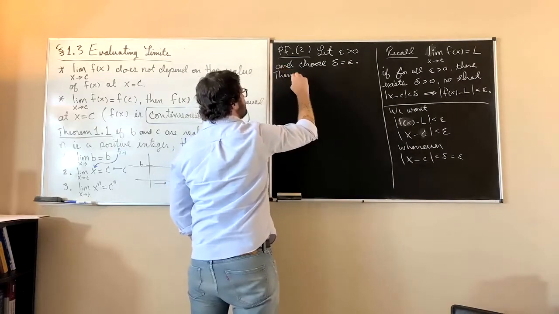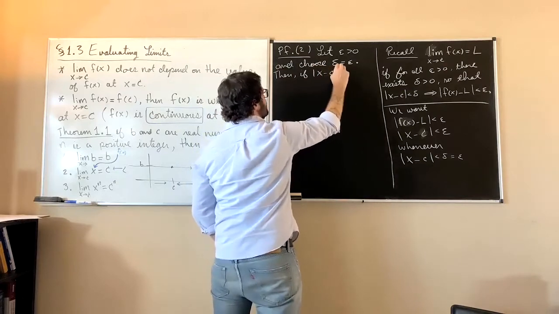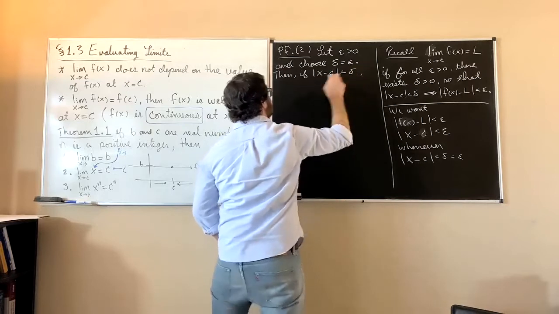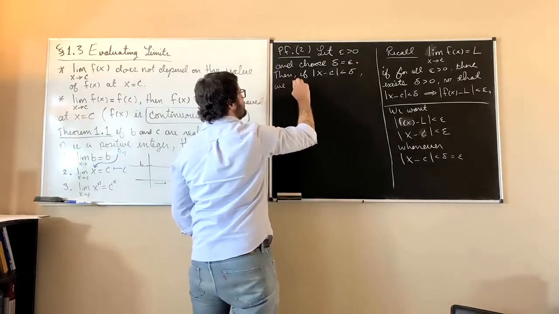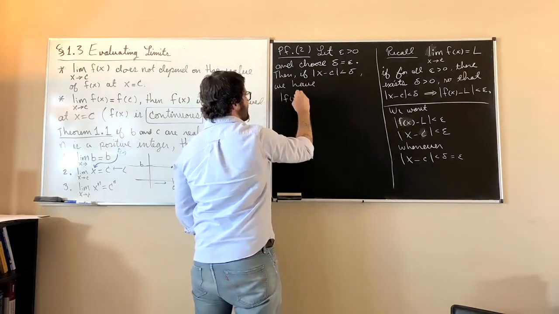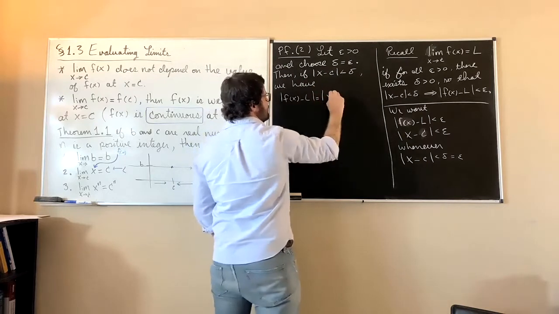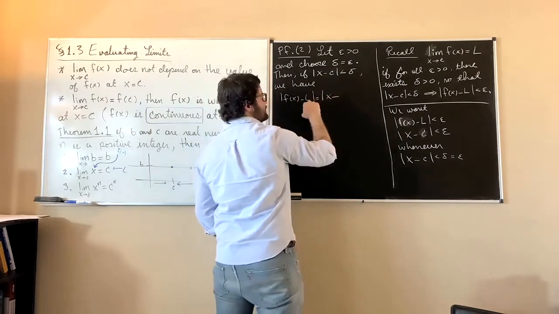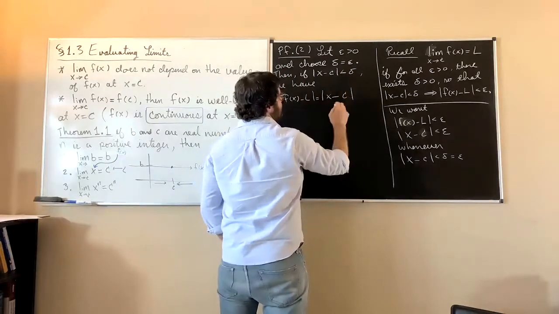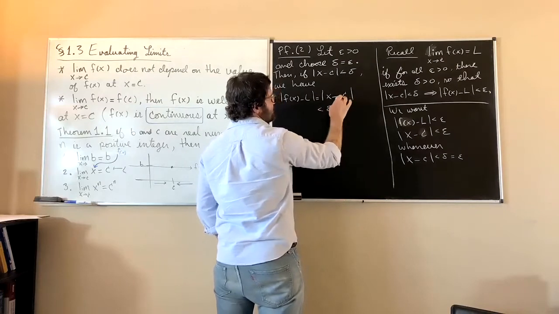Then if x minus c is less than delta, we have f of x minus L, which is equal to x minus c, that's the limit which we claim is c, which is less than delta, because that's what we're assuming.